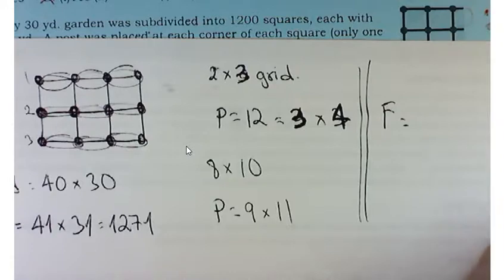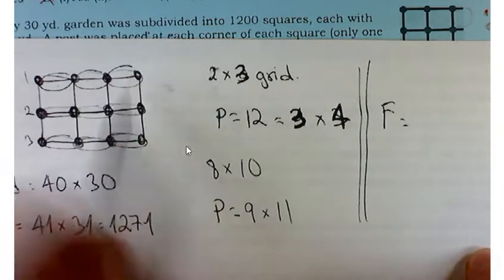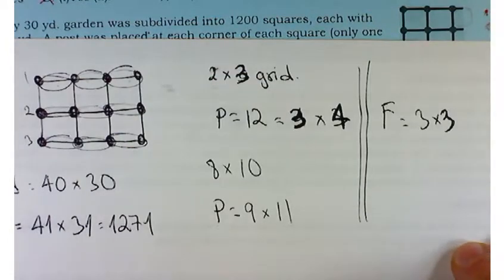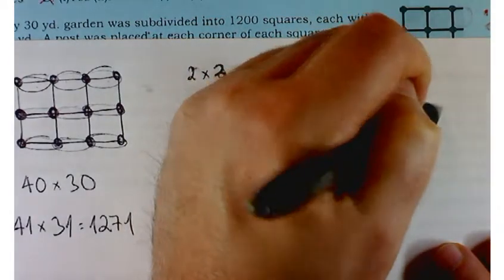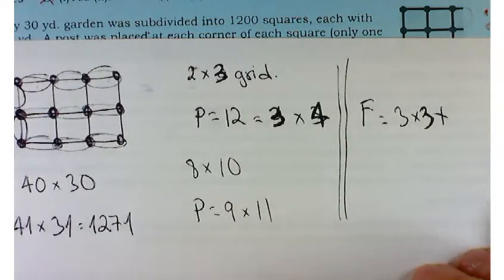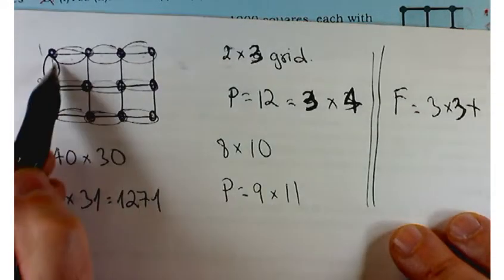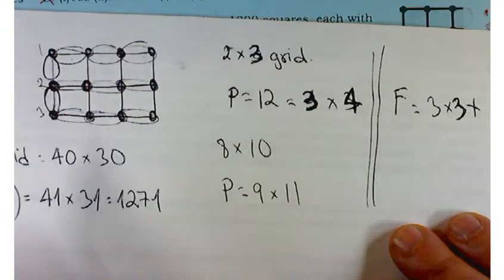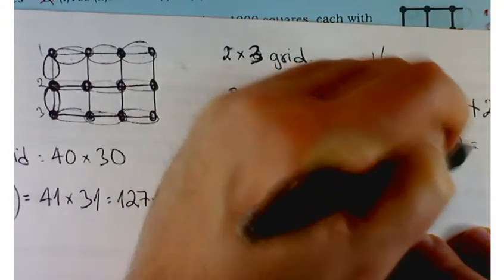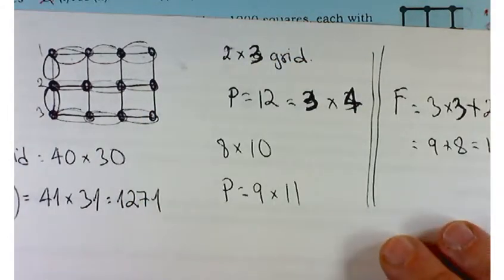So we have 3 times 3 for the horizontal sides. Now let's count the vertical. So plus. For the vertical, I have 1 and 2 right here. How many copies of these 2 sides do I have? 4. So I'll have 2 times 4. So that's 9 plus 8, which is 17. Okay, that's for the 2 by 3.